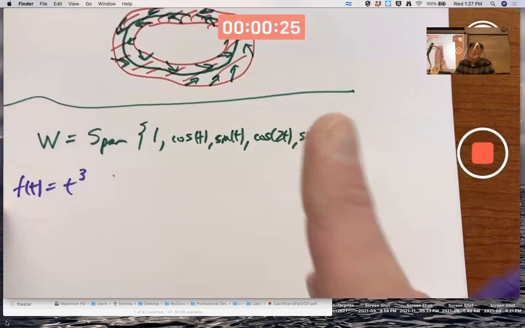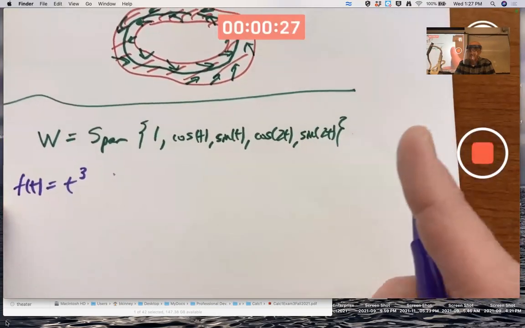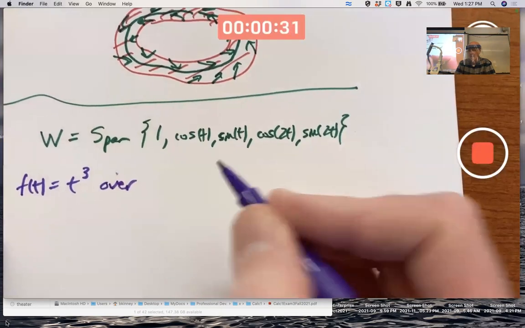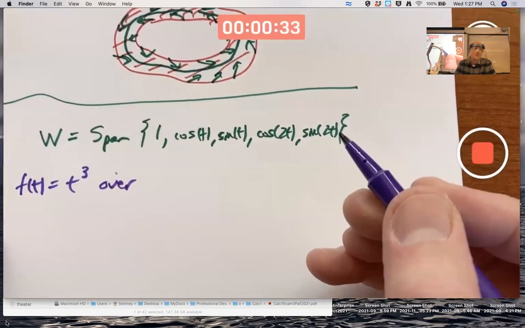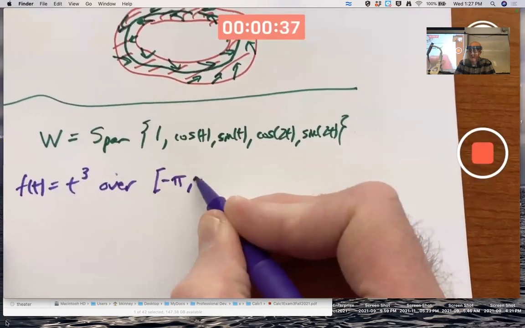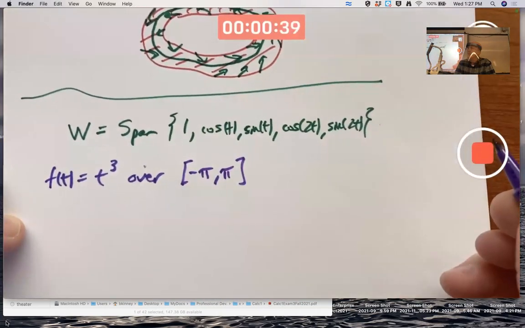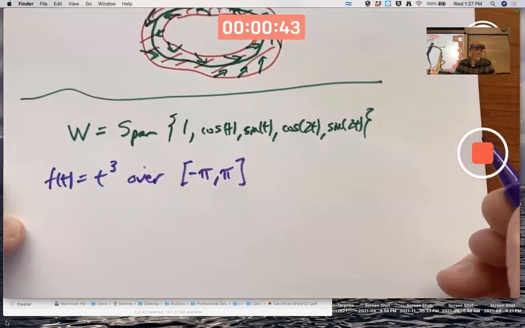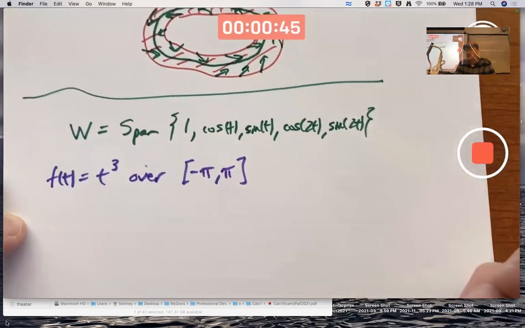Or, well, it's only orthogonal if you pick the interval right. And for trig functions like this, you want to pick intervals that are, for example, 2 pi units long, like say negative pi to positive pi. I could have picked a different interval, though if you pick a different interval, you get a different answer.